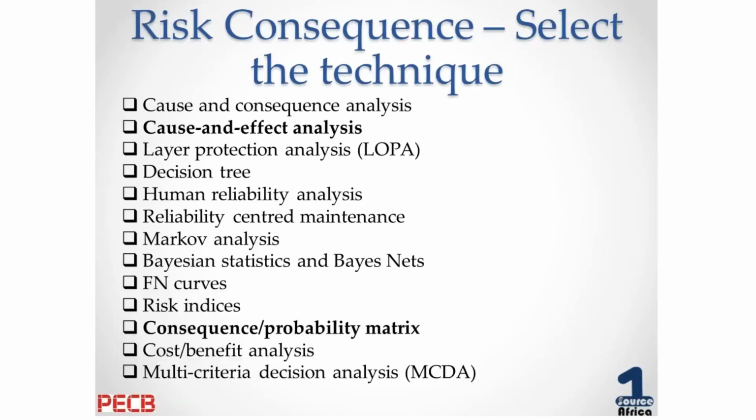Some others that I want to mention as well are the F-N curves, the consequence and probability matrix, cause and effect analysis, and then multi-criteria decision analysis, MCDAs. Now, one that is hardly utilized is the cost-benefit analysis, where what am I to gain even if the risk occurs?